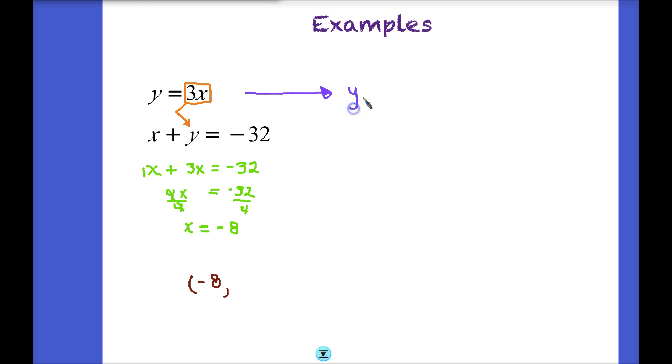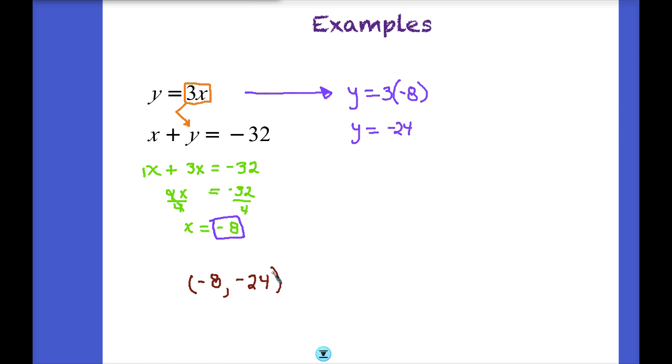So I know that y is equal to 3, and I'm going to substitute, so I'm going to draw a box around this, negative 8 in for x. So I'm going to put negative 8 in for x. And then all I have to do is simplify. Negative 8 times 3 is negative 24. And now I know what y equals. Okay, so our point of intersection is negative 8, negative 24.